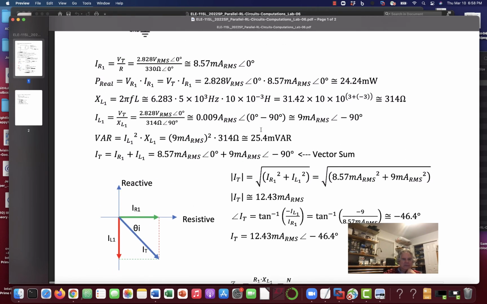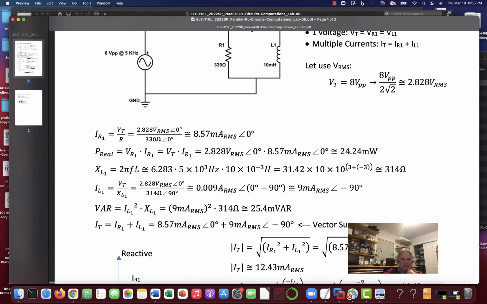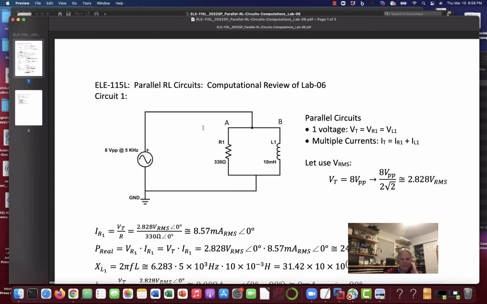Okay, I don't remember any other mistakes here. Maybe I should put L1 right there or something, and I think that ought to cover it. So we'll see you in lab.